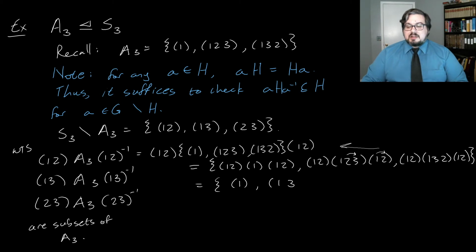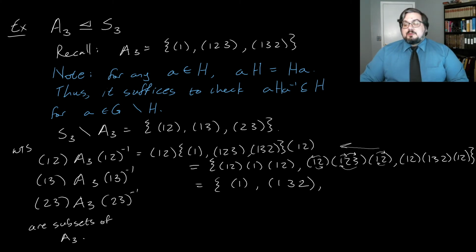So 3 doesn't change in the first cycle, and then 3 goes to 1 in the second, and then 1 goes to 2 in the third. So we get 1 goes to 3, 3 goes to 2, and then 2 goes to 1, and we finish the cycle.